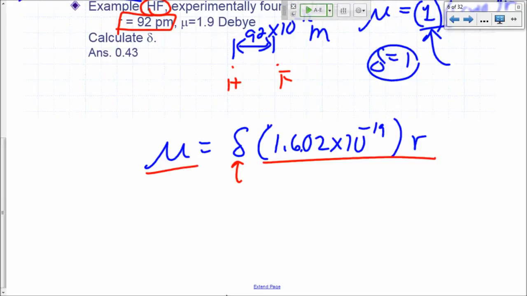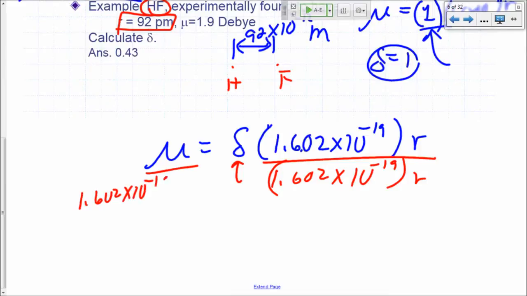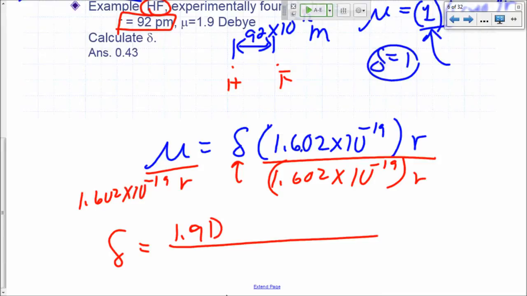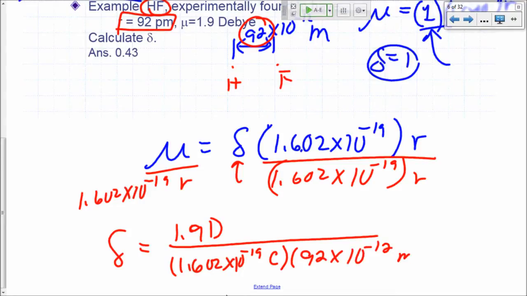So delta equals dipole moment, 1.9 debye, over 1.602 times 10 to the negative 19 coulombs times the distance, in this particular case 92 picometers. So 92 times 10 to the negative 12 meters.